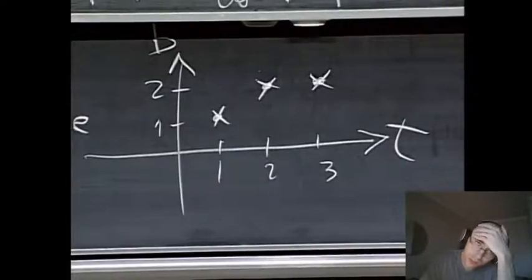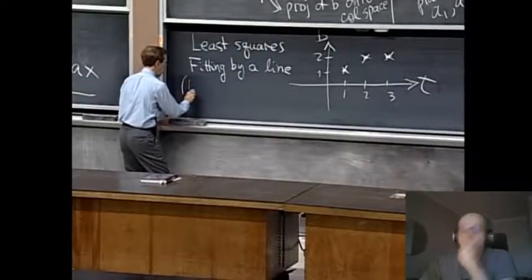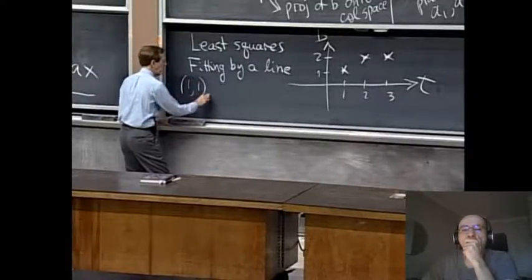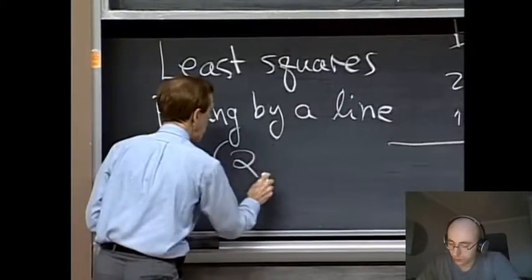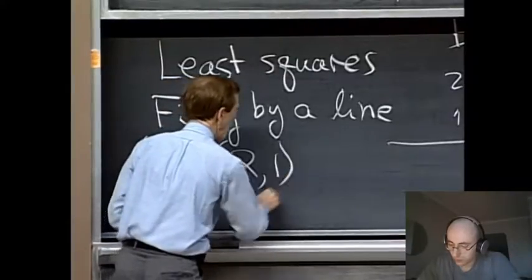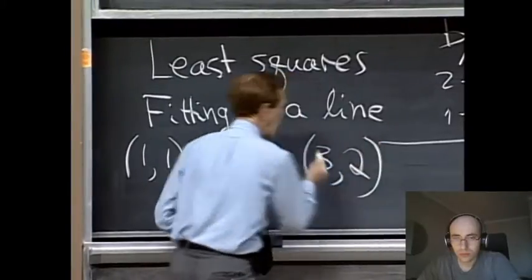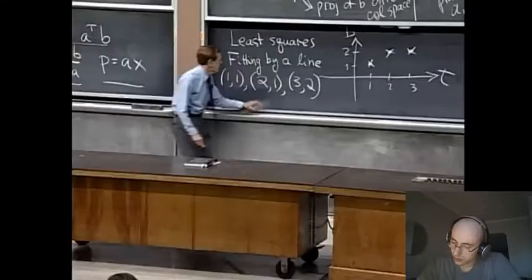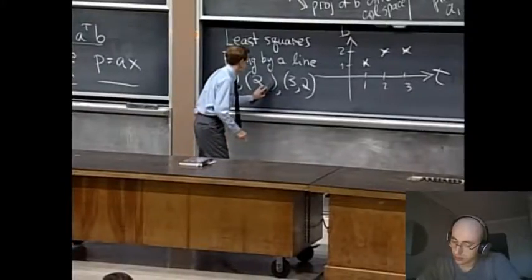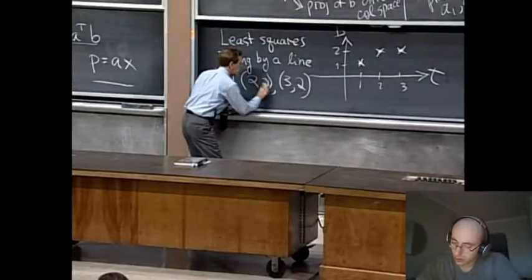So the problem is to fit the points: 1, 1 is the first point. The second point is t equals 2, b equals 2. And the third point is t equals 3, b equals 2. So this is the point 1, 1, this is the point 2, 2, and that's the point 3, 2.